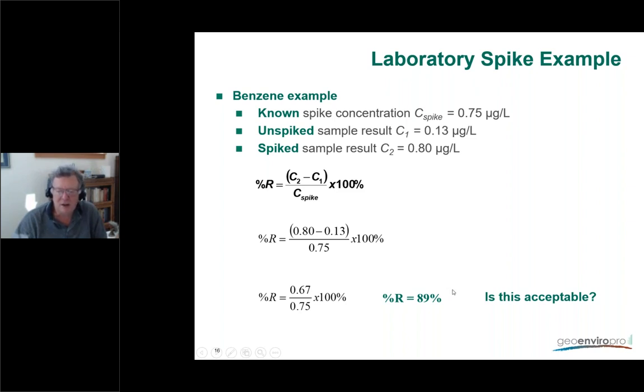And it's not uncommon for the lab to say that's pretty normal. What is uncommon is for the poor risk assessor to not be aware that the data they may be using in the risk assessment may be biased low because 30 or 40 or 50% of the mass of this carcinogen is absorbed onto soil and may not actually be reported in the analysis.